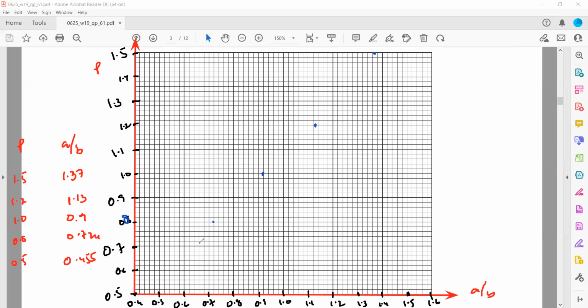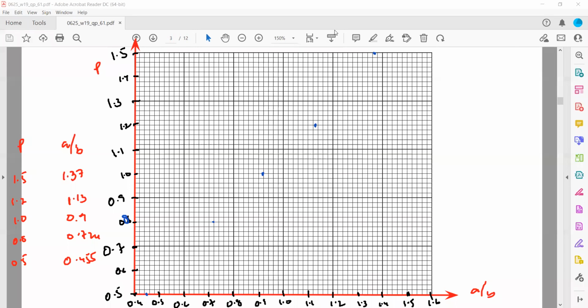Then we have 0.5 and 0.45. So 0.42, 0.44, 0.45 will be here.